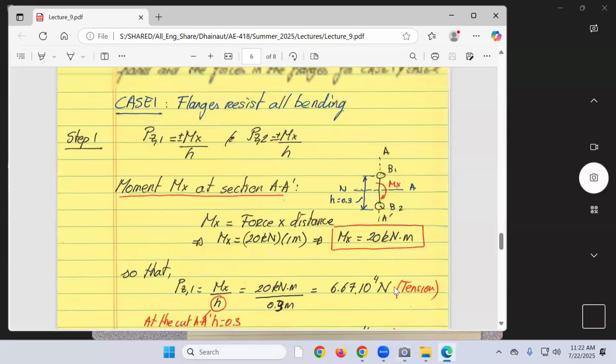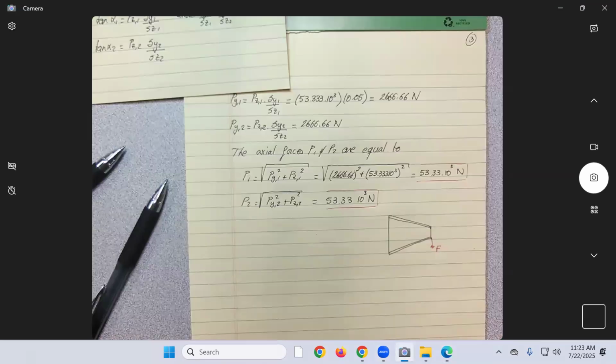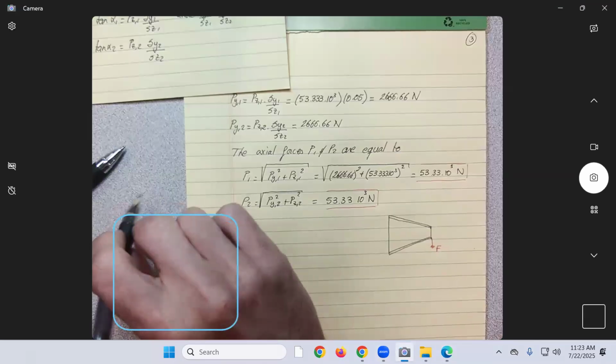So remember we have the figure here, and I'm going to draw it in small size. So we have this over here. What does that mean?